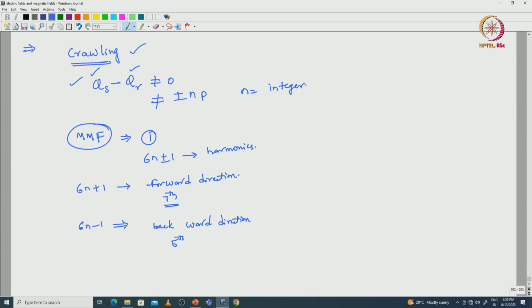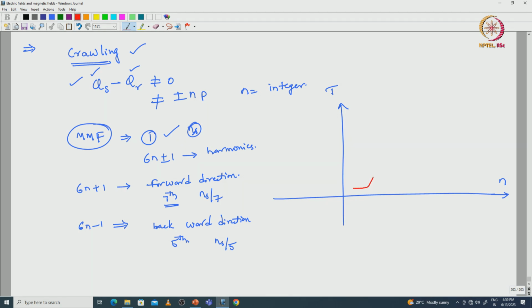That is the 5th harmonic. If we see the torque speed characteristics with respect to the fundamental, that is ns, the 7th harmonic, that is ns by 7, and the 5th harmonic, that is ns by 5, with respect to these synchronous speeds, if we draw the torque speed characteristics, for the 7th harmonic it is in the forward direction, then the torque speed characteristics will be in this manner at ns by 7.